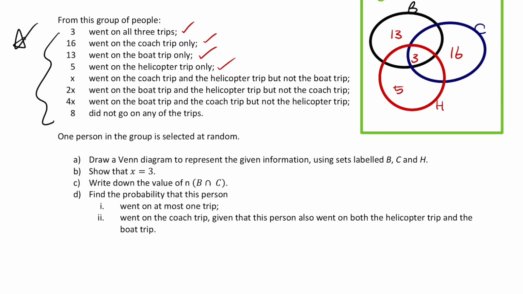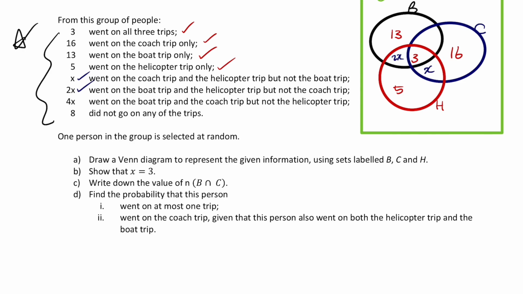And x number of people went on a coach trip and the helicopter trip, but not the boat trip. So we have x people here. And we also have 2x who went on a boat trip and helicopter trip, but not the coach one, so 2x goes here.